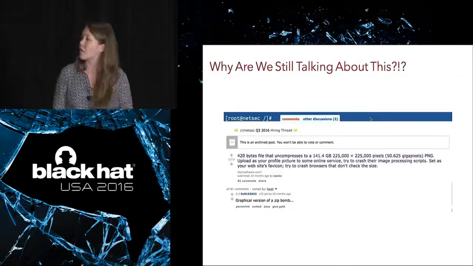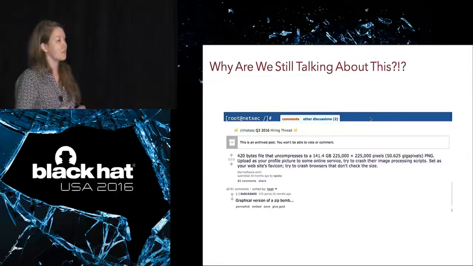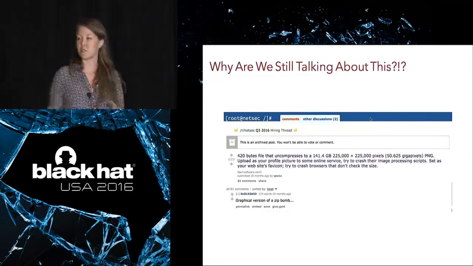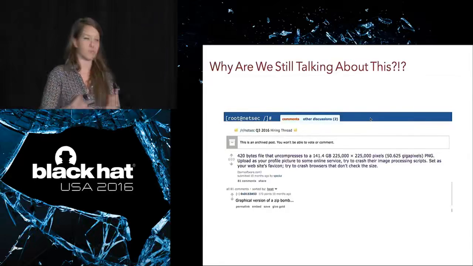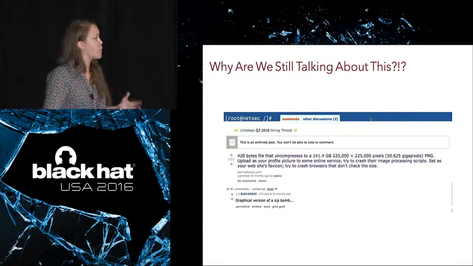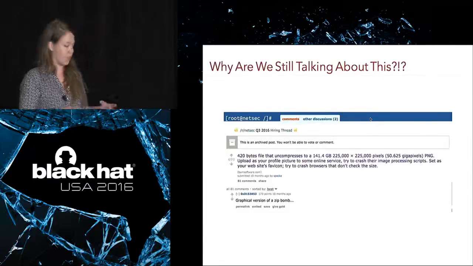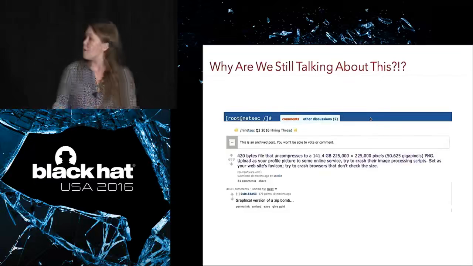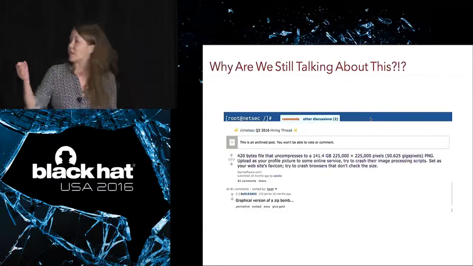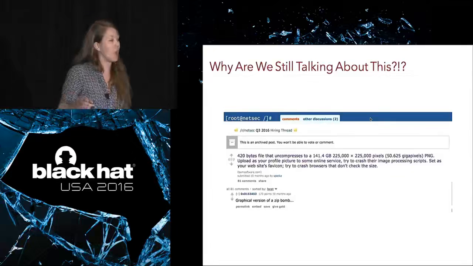All right, so I believe the reason for this is that there's a bit of a misconception within the community as to what a decompression bomb actually is. It's more commonly known as a zip bomb, which can be quite misleading because then you think it's only archive file formats. So this, just to further illustrate it, is a NetSec posting from fall of last year.